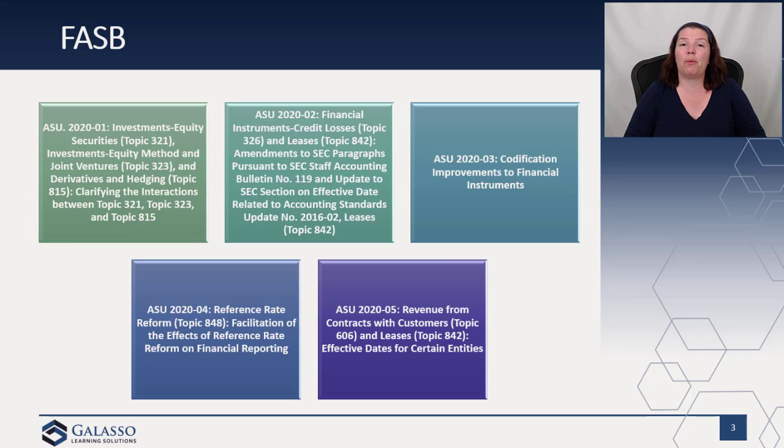So extending really from what would have been a 2020 year end, it was delayed in 2019 to 2021, and then in 2020 delayed to 2022. So leases has definitely been the gift that keeps on giving. We'll be talking about that for quite some time.